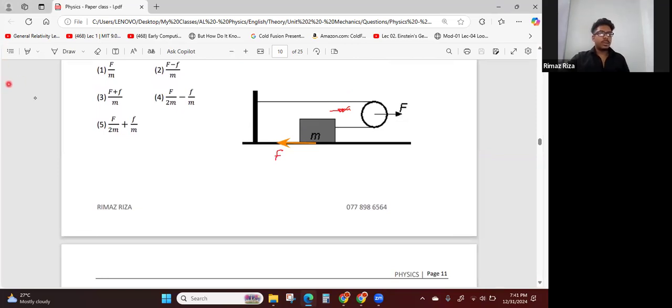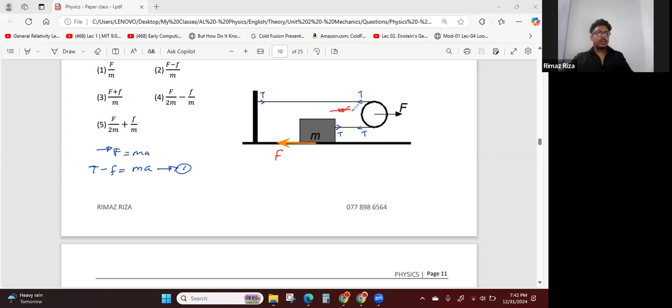So therefore, here I mark the tension as capital T. Here also tension T. Here also tension T. Here also tension T will be there. Okay, so first I can apply F equals ma for this mass in this direction. So T minus f equals mass times acceleration. So this is equation 1.